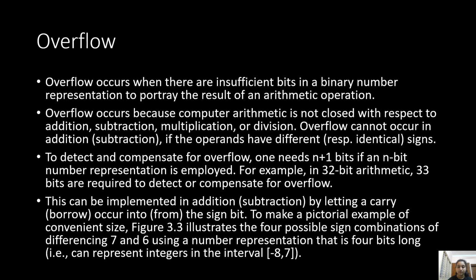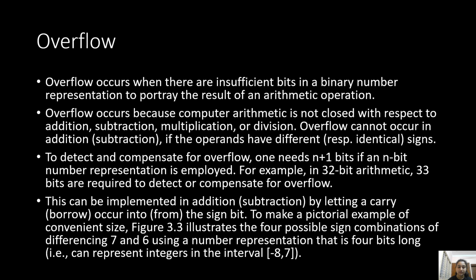To detect and compensate for overflow, one needs n plus 1 bits if an n-bit number representation is employed. For example, in 32-bit arithmetic, 33 bits are required to detect or compensate for overflow. This can be implemented in addition by letting a carry or borrow occur into the sign bit.